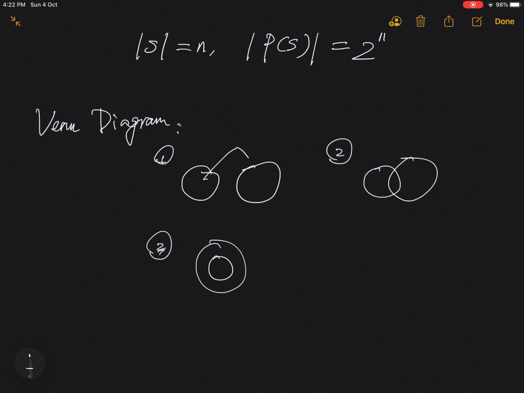This means the two sets are disjoint, and then the intersection of set A and B is this part. Okay. And for the third situation, A is completely inside B. Okay, so this means A intersect B equals A.